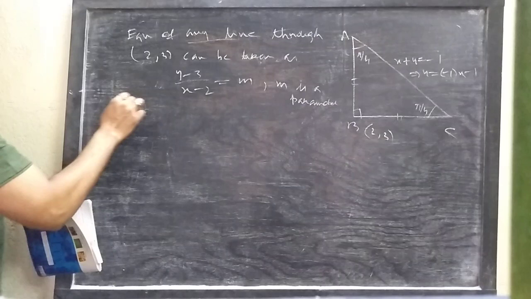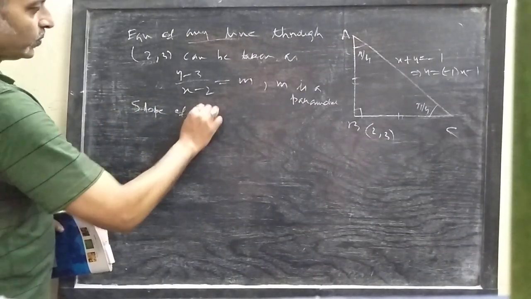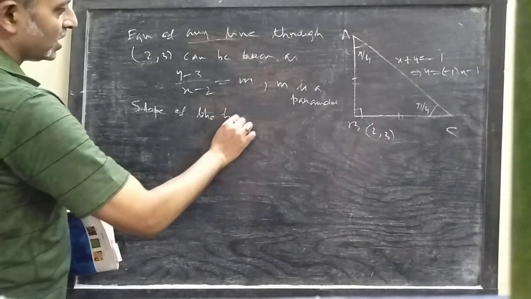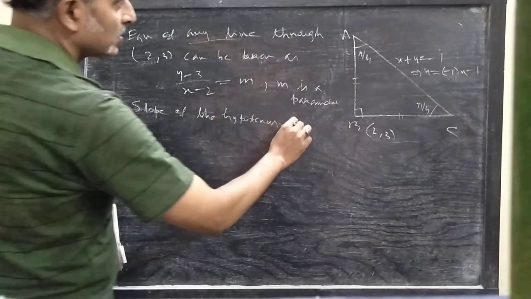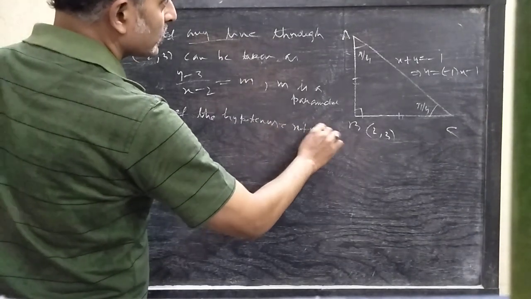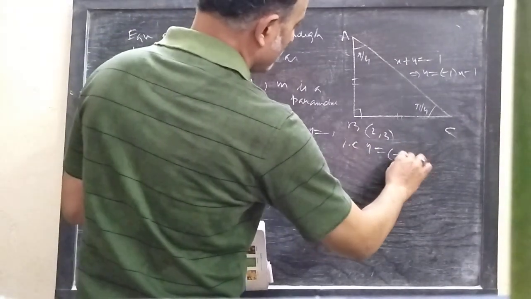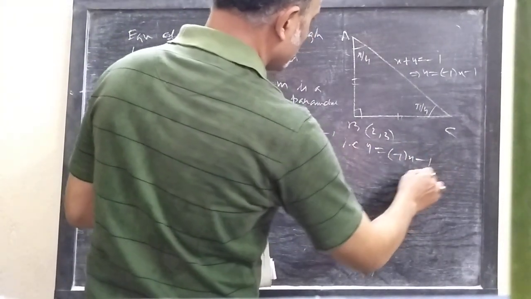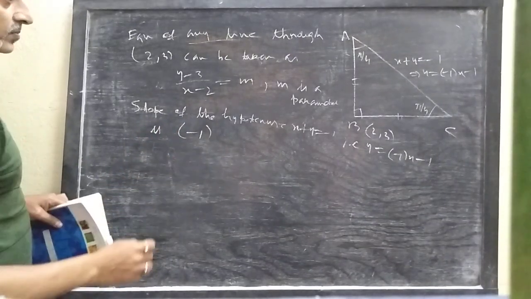Now write the slope of the hypotenuse. x plus y equals minus 1, that is y equals minus 1 into x minus 1, has slope minus 1.